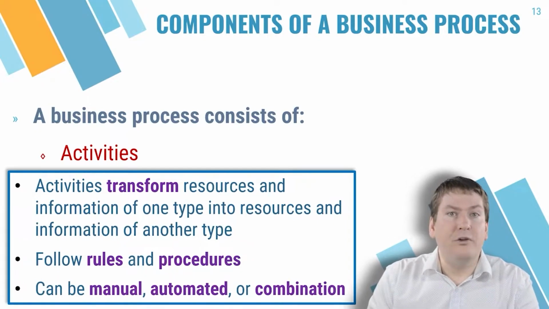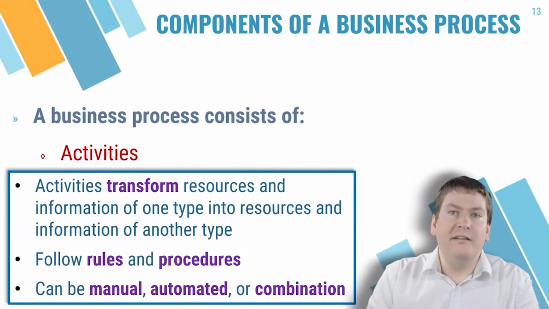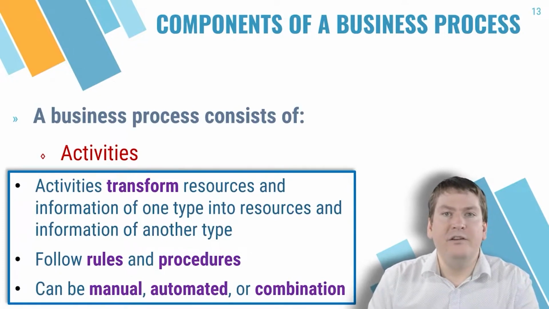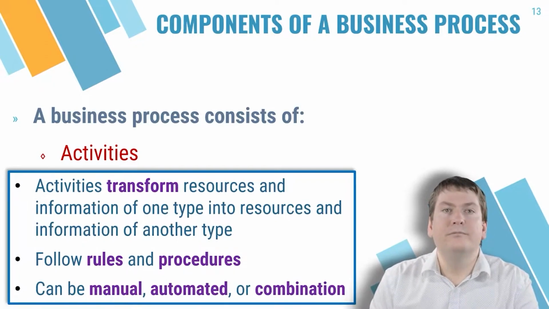This can either be a manual process done by a person, an automated process done by a computer, or a combination of the two. An example would be a manager transforming quantity of paper bowls on hand, which is information, into a purchase order, information of a different type, and sending it to a supplier.